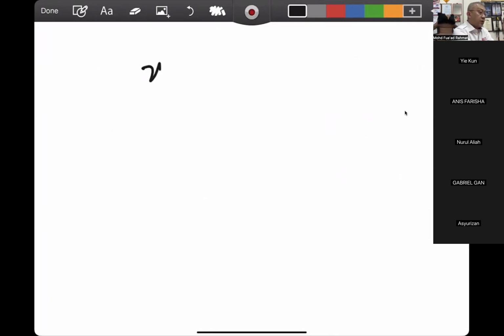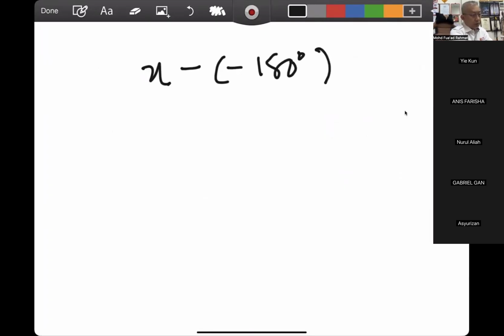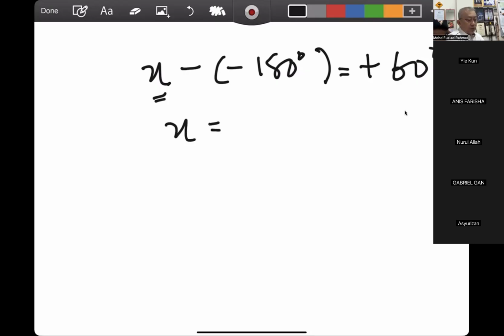So in this case, x minus 180 degrees plus 60 degrees. So this is the phase margin that we targeted. Minus 180 degrees is the baseline of the phase curve, and x is unknown. So we are trying to find the x. So we simplify these equations. So you will get minus 120 degrees.